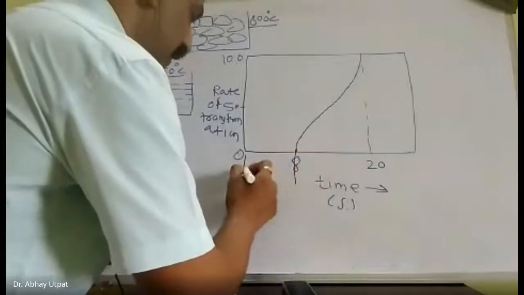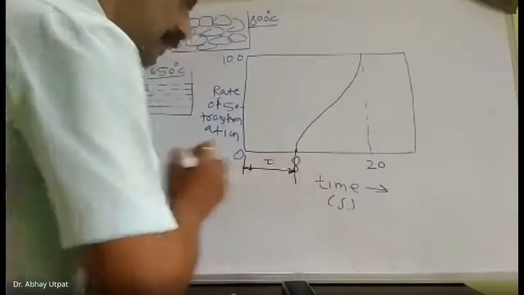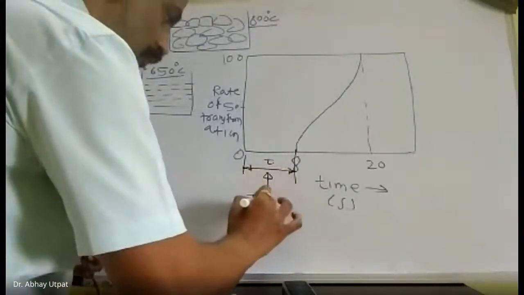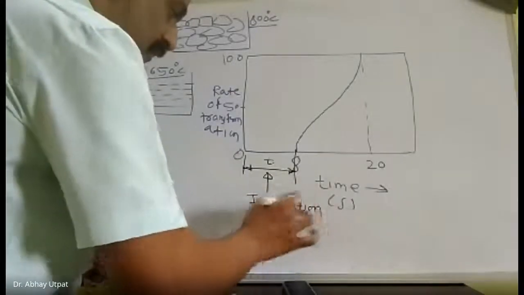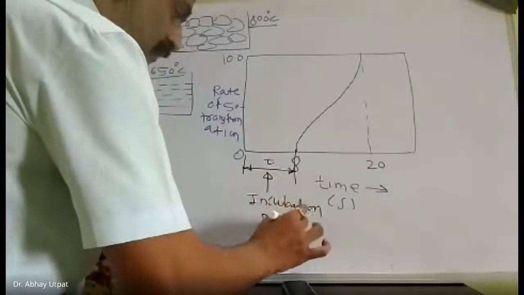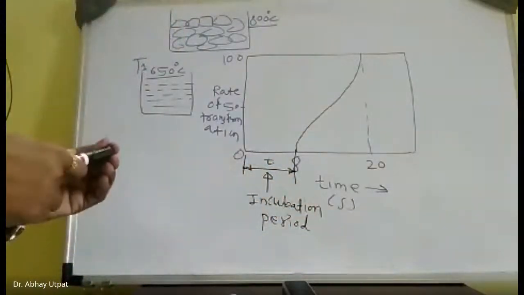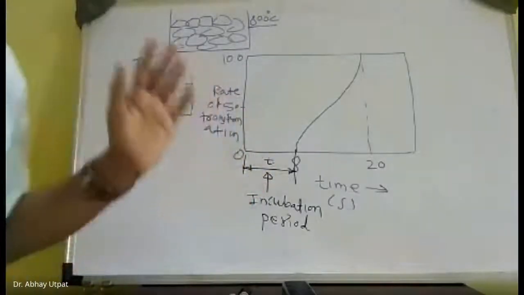This is called, draw this, small t, and write incubation period. Incubation period: the initial time during which transformation does not proceed.